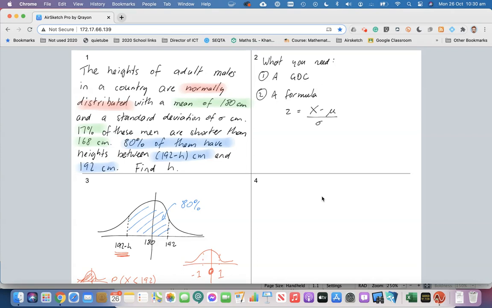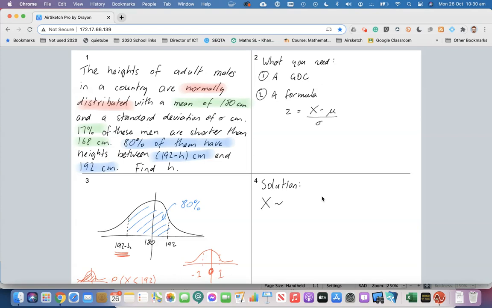And we're told, this is the important part, that 17% are shorter than 168 centimeters. So this is where all the thinking is. This is the solution, which I'll start on this page, but I'll need to go on to the next page. So the solution, let's write up what we've got so far.